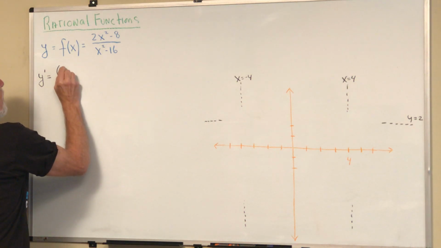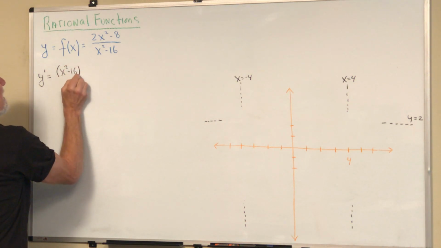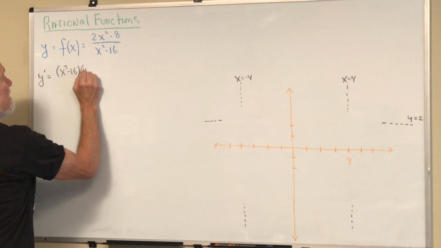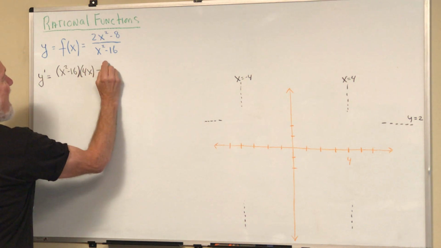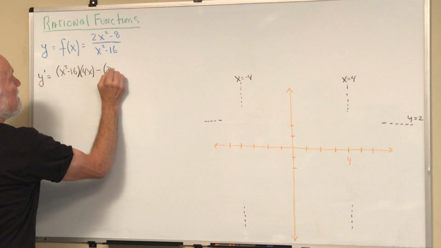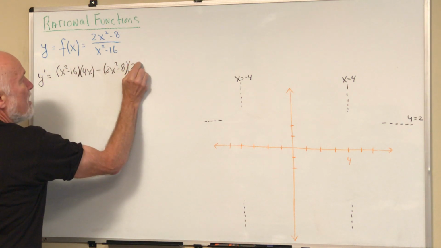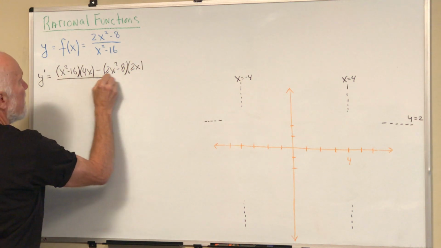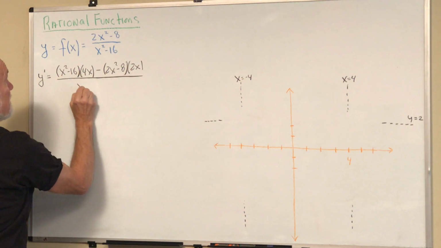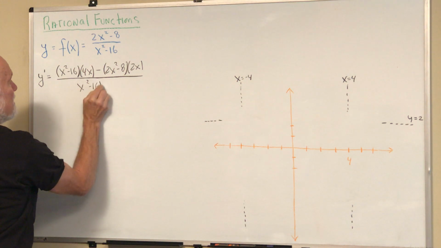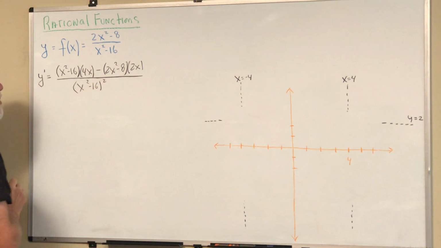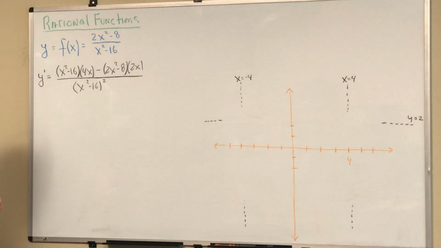So we go low d high minus high d low all over low squared. And we hope we can do a little bit of simplification.